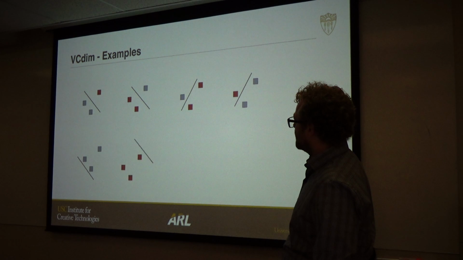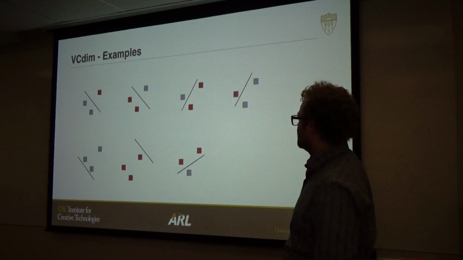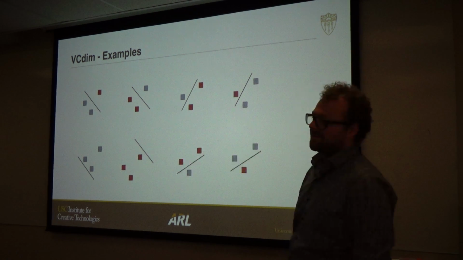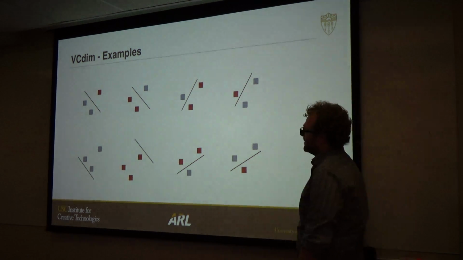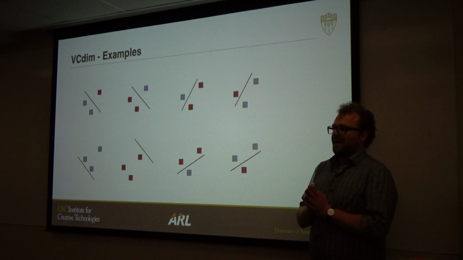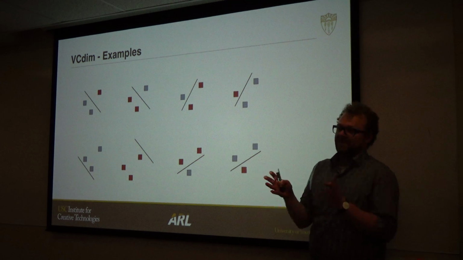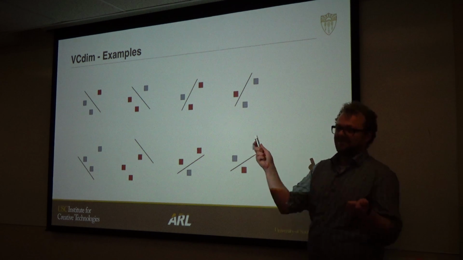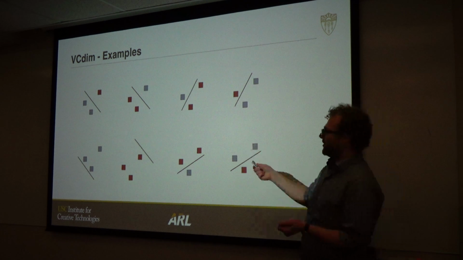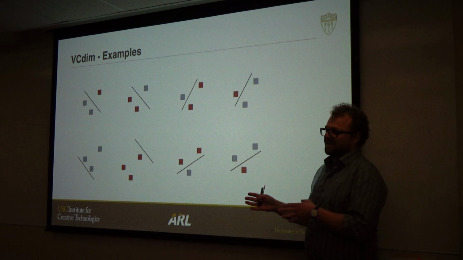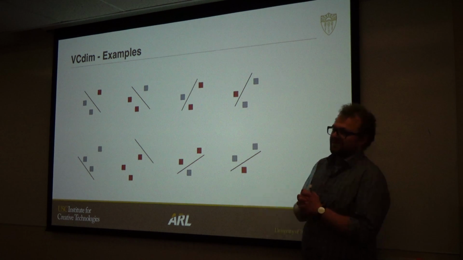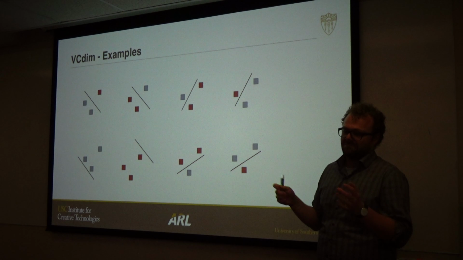So what we could say here is that the hypothesis class or hypothesis space of lines shatters at least 3 points. So the VC dimension is at least 3, right?